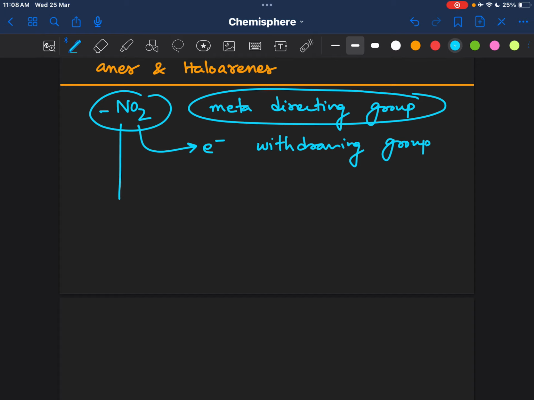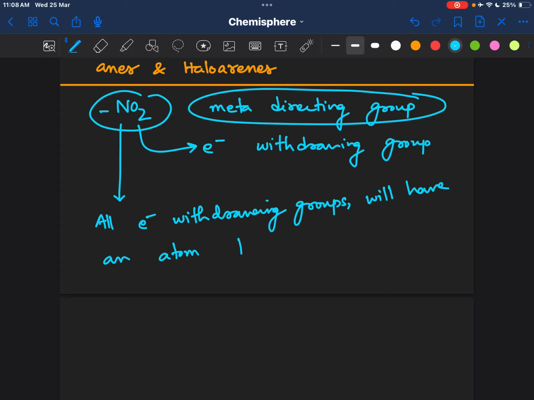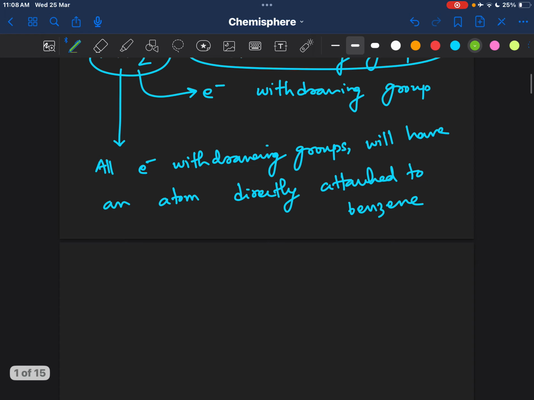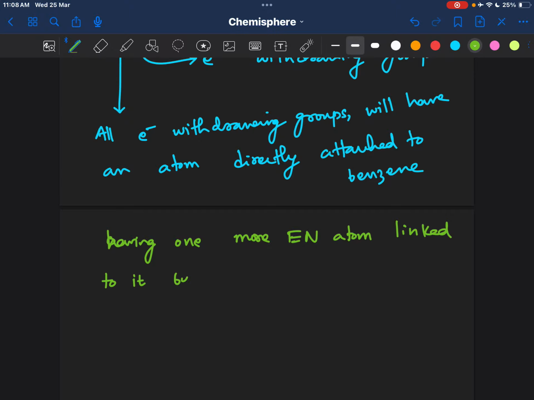directly attached to benzene. So I will write this down. All electron withdrawing groups will have an atom directly attached to benzene, and having one more electronegative atom linked to it by a multiple bond.